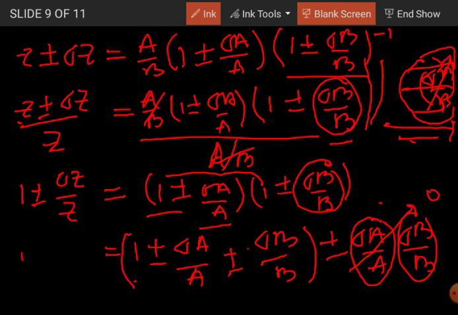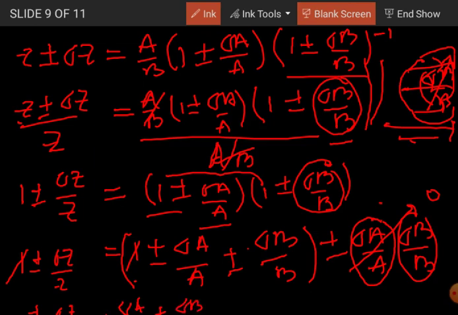On the left hand side it will be 1 plus delta z by z. So 1 and 1 can be cancelled, and plus minus delta z by z will be equal to delta a by a plus minus delta b by b.